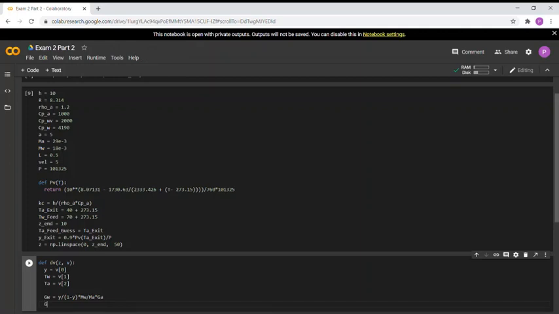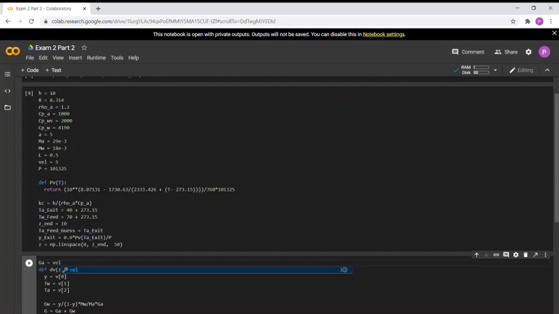Next we have G equals GA plus G water. Oh, actually I have to put the GA up here. It equals the velocity times P times MA over R times TA exit.